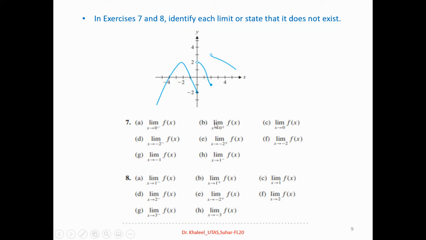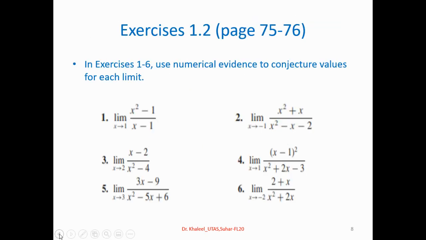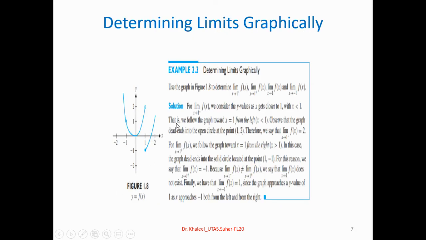The limits exist, but they are not equal. Therefore, this limit does not exist. That is how we need to solve this question. And for solving 7 and 8, you use example 2.3.